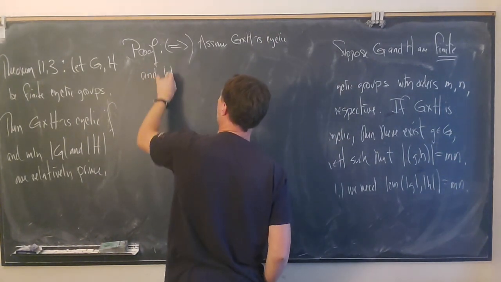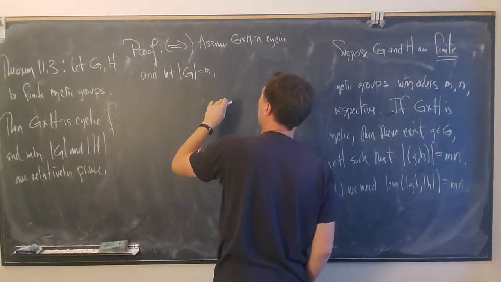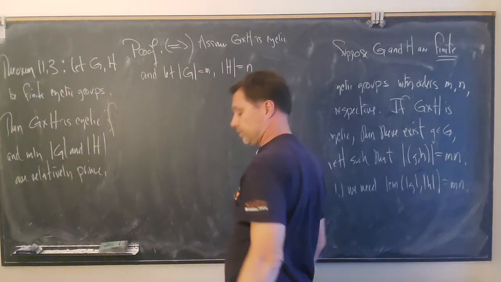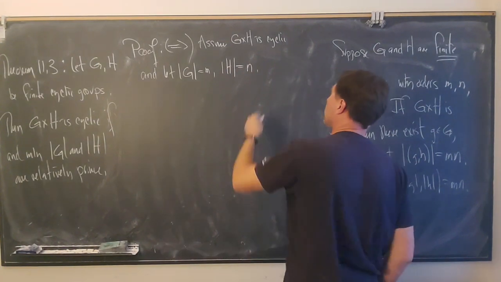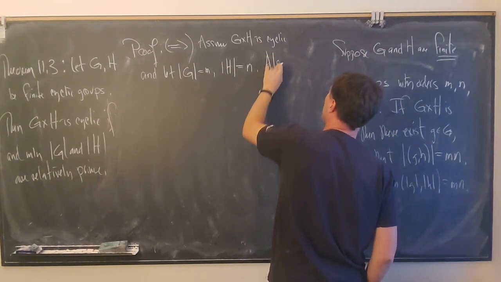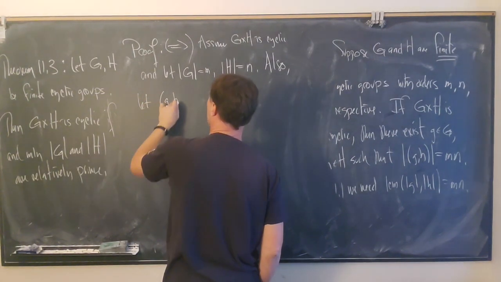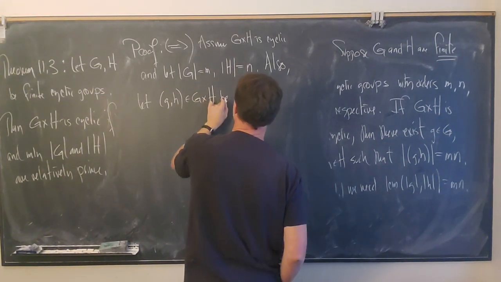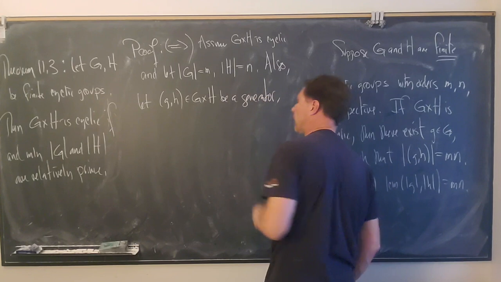So let's say the order of G equals M, the order of H equals N. Since it's cyclic, we have a generator, so let's also let (g, h) in G cross H be a generator.